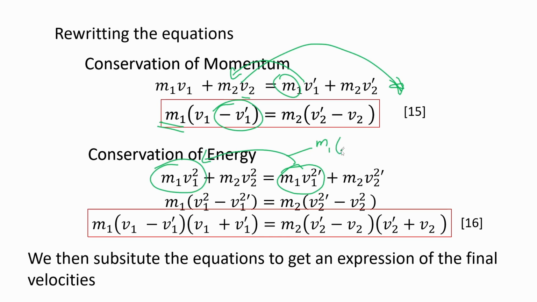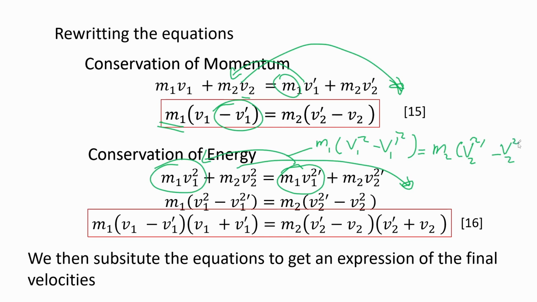So basically, what happens is m1 v1 squared minus v1 prime squared. Then the other one is equal to m2 v2 prime squared minus m2 v2 squared, factoring out the m2.